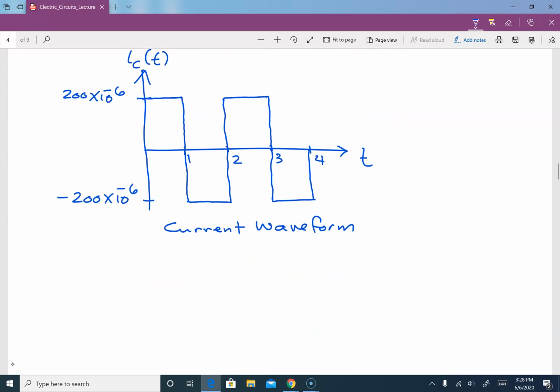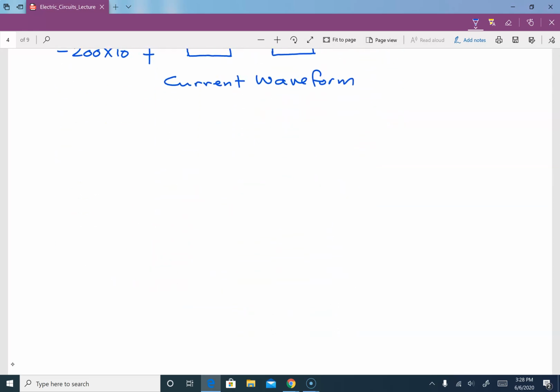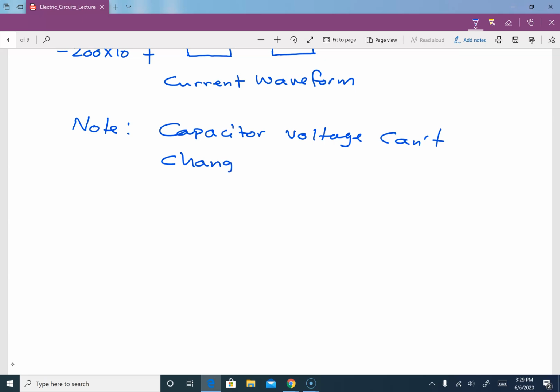So please, I would like everybody to pay attention to the following. Capacitor voltage cannot change abruptly, which means right away.